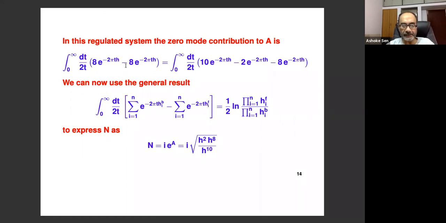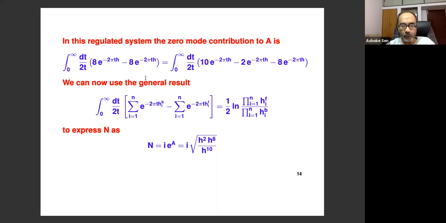So I've written it as this. Now this is of course 0. As I said, for the next few slides, it's just a 0 that will be written in different ways. So I'm going to rewrite this as 10 minus 2 minus 8, for a reason that will become clear later. We'll see that these correspond to bosonic zero modes, these are the ghost zero modes, and these will be the fermion zero modes.